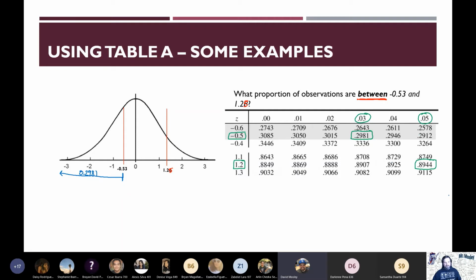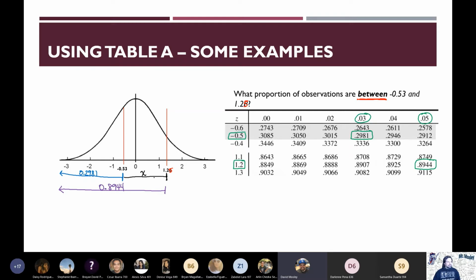We also know that the proportion of values less than 1.25 is 0.8944. So that leaves us with wanting to know, essentially, what's the difference? So you go from here to here. What is that number?